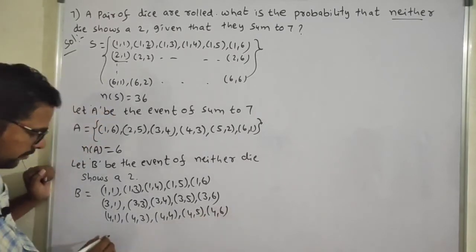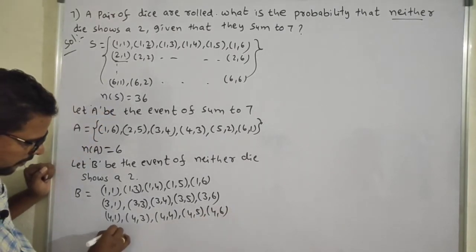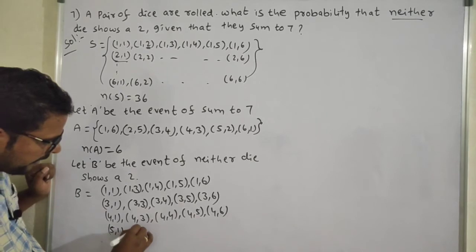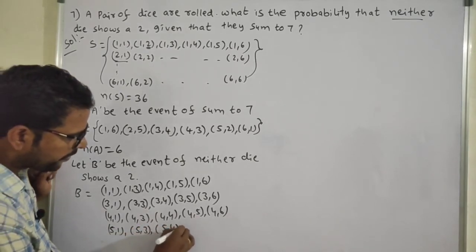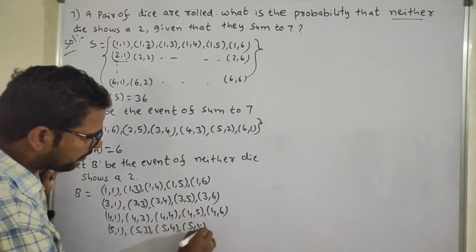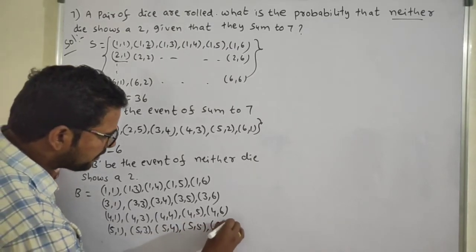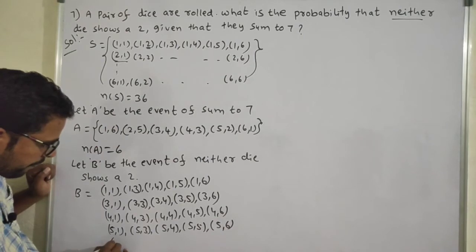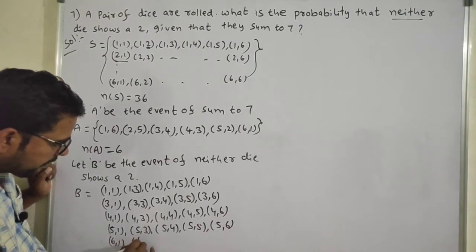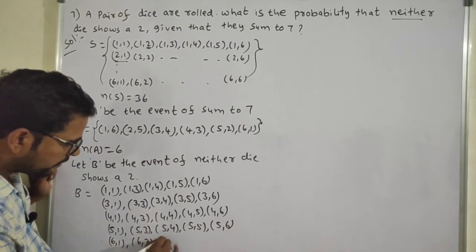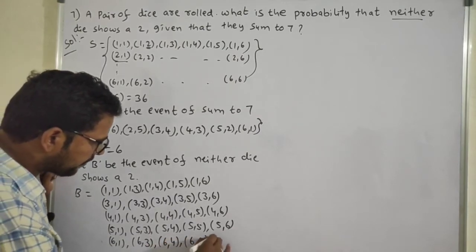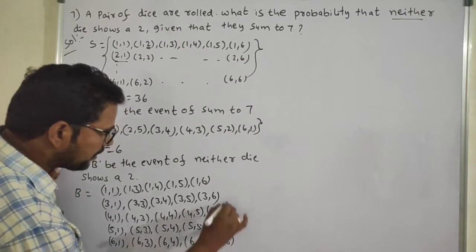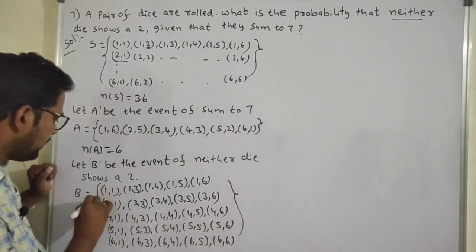Next 5 1, 5 3, 5 4, 5 5, 5 6. Last 6 1, 6 3, 6 4, 6 5, 6 6. So this is event B.